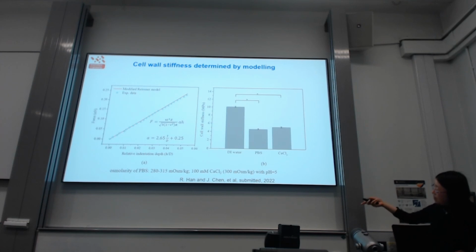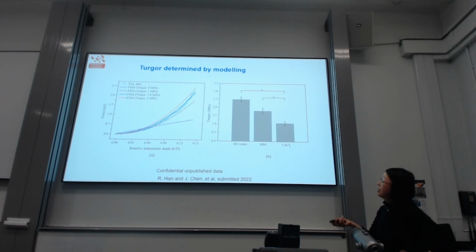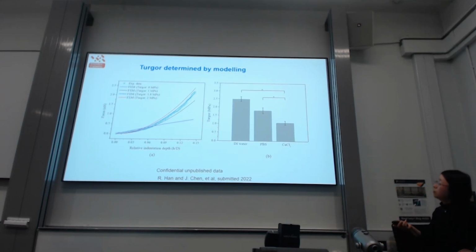This paper was published three years ago in Nanoscale. Then we do the FE simulations with iterative adjustment, and we can also determine the turgor. Again, the turgor also decreases with the increase in osmolality.